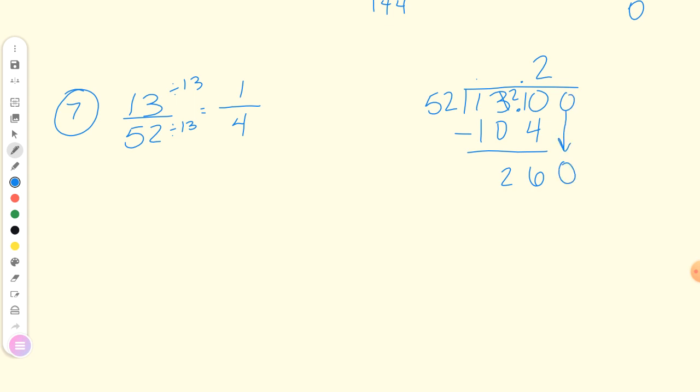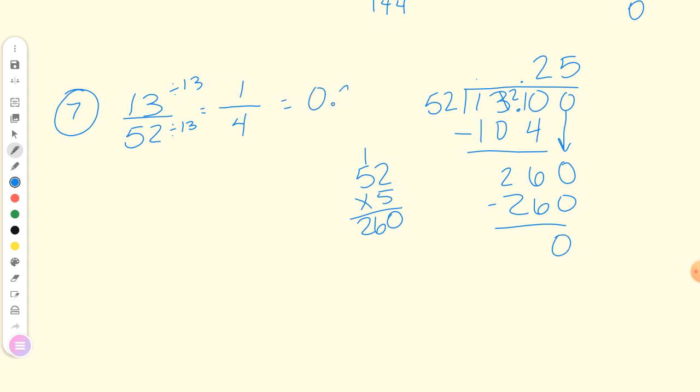Now, again, I would use just estimating, counting by 50s. 50, 100, 150, 200, 250. So 5 would be my guess, but I have to check and see what it actually is. 52 times 5 is 260. So there's my 0.25. When you see 0.25, something in your brain should trigger and be like, huh, I could have reduced that to 1/4.